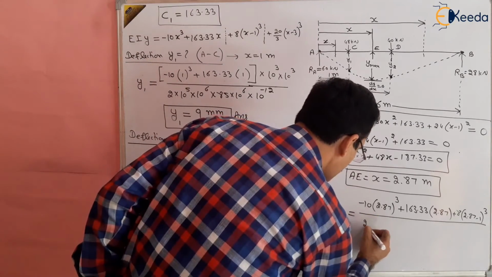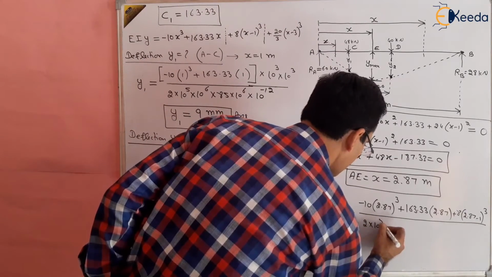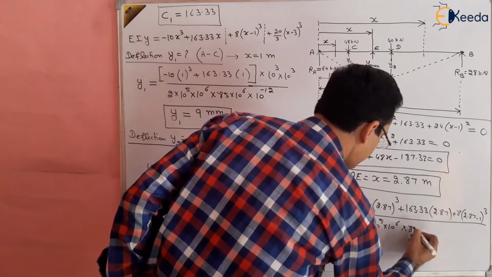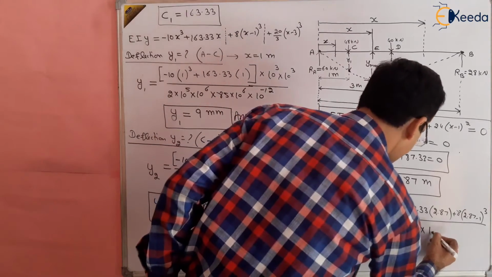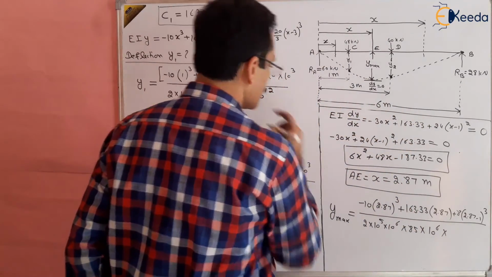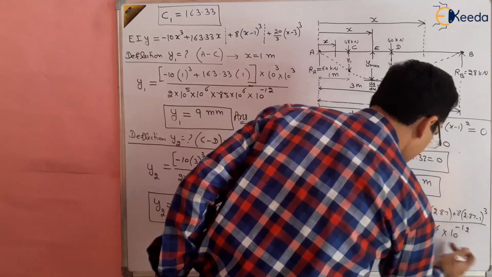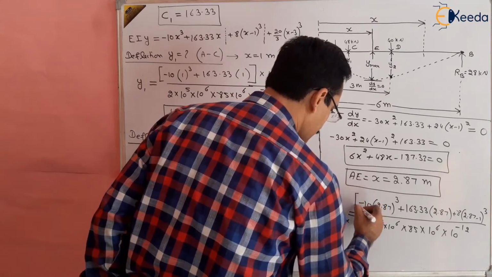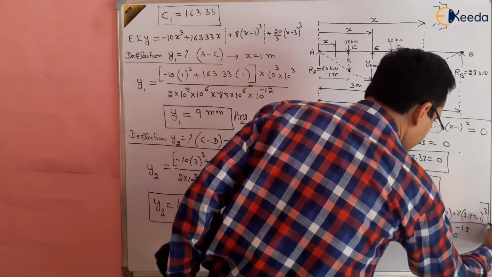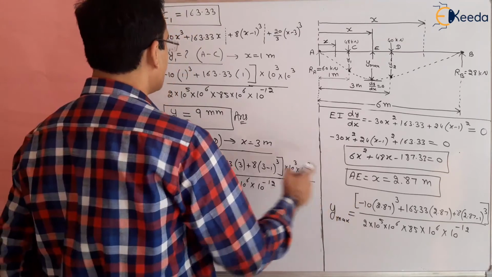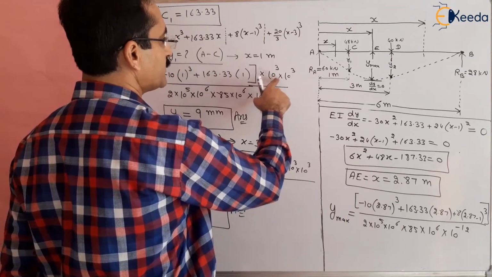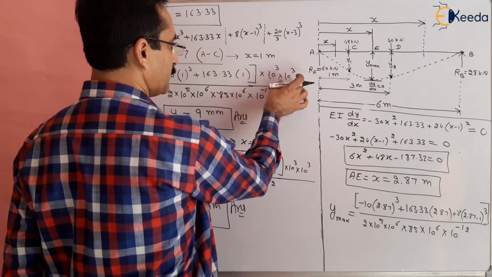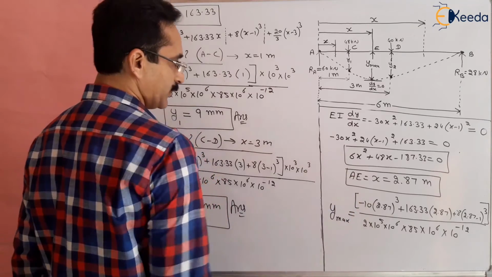This EI will come in the denominator: 2 multiplied by 10 to power 5 multiplied by 10 power 6 Newton per meter square, and moment of inertia 85 multiplied by 10 to power 6 multiplied by 10 power minus 12 meter to the power 4. This should be multiplied by 1000 and 1000, so that it becomes Newton SI unit, and the meter becomes millimeter, so the answer comes in millimeter.